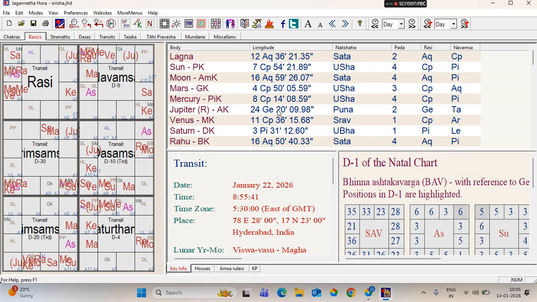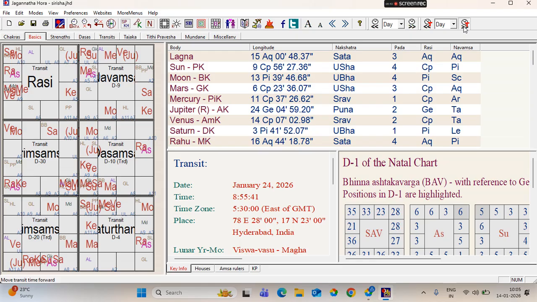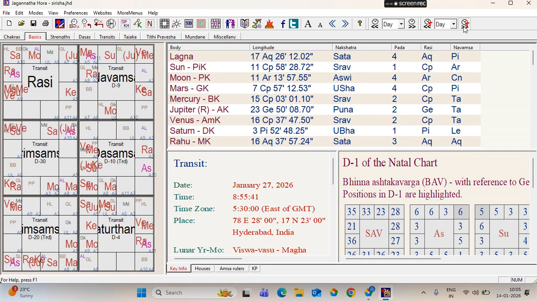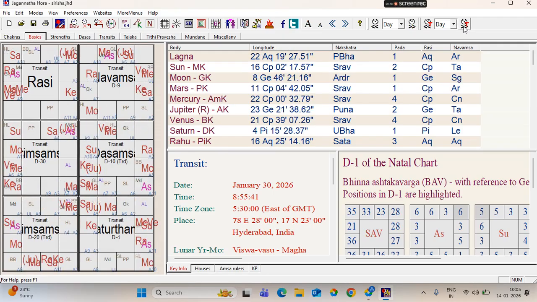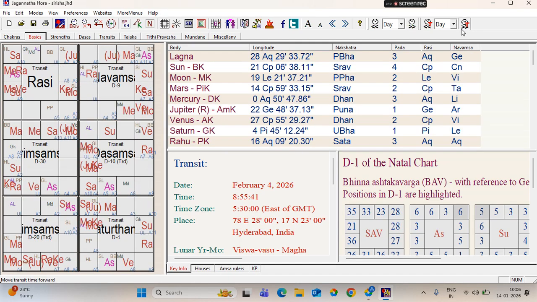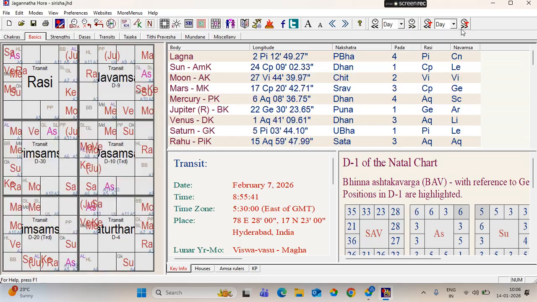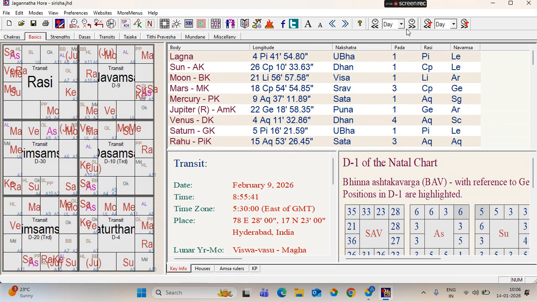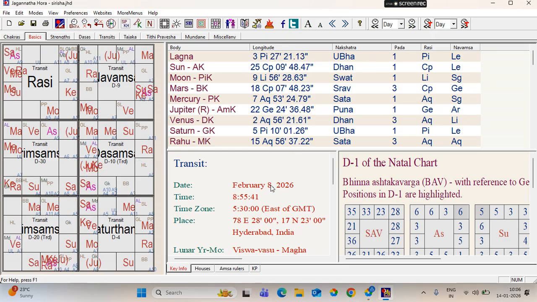Moon is transiting Satabisha on January 22nd, 2026. The probability of the native getting money is there. The next transit, Ardra, this is also the nakshatra of Rahu. That is January 30th. Next, Swati. That is February 8th.